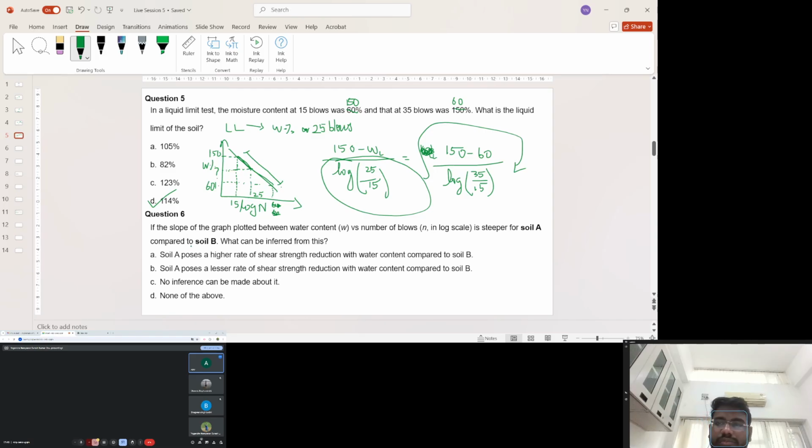So let us move to the next question. If the slope of the graph plotted between water content versus number of blows is steeper for two soils, soil A and soil B, what can be inferred from this?